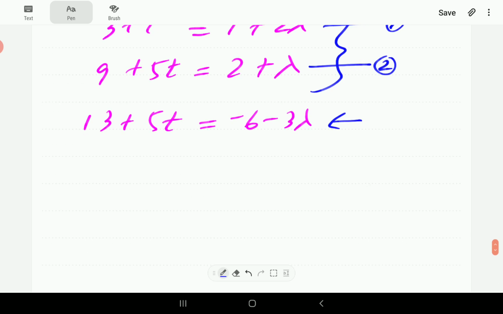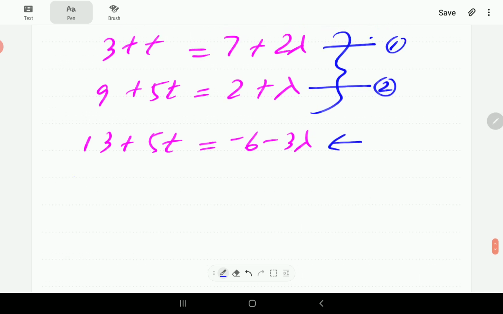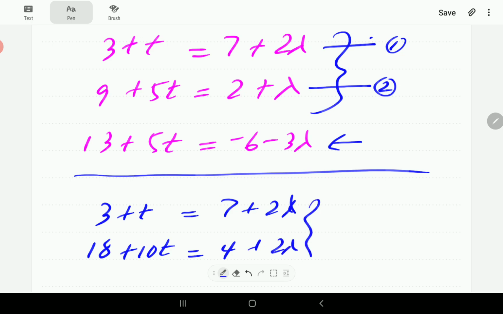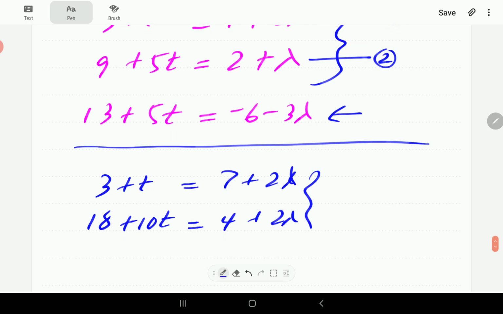If we multiply the second equation by 2, so we're going to have 3 plus t equals 7 plus 2 lambda. It's going to be 18, it's going to be 10t multiplied by 2, and then we're now going to subtract. 18 minus 3 is 15.